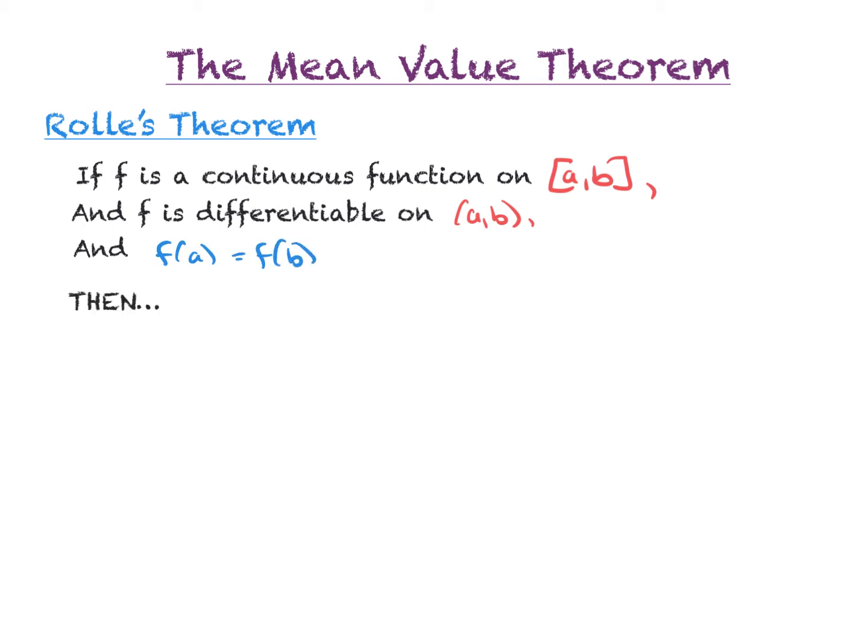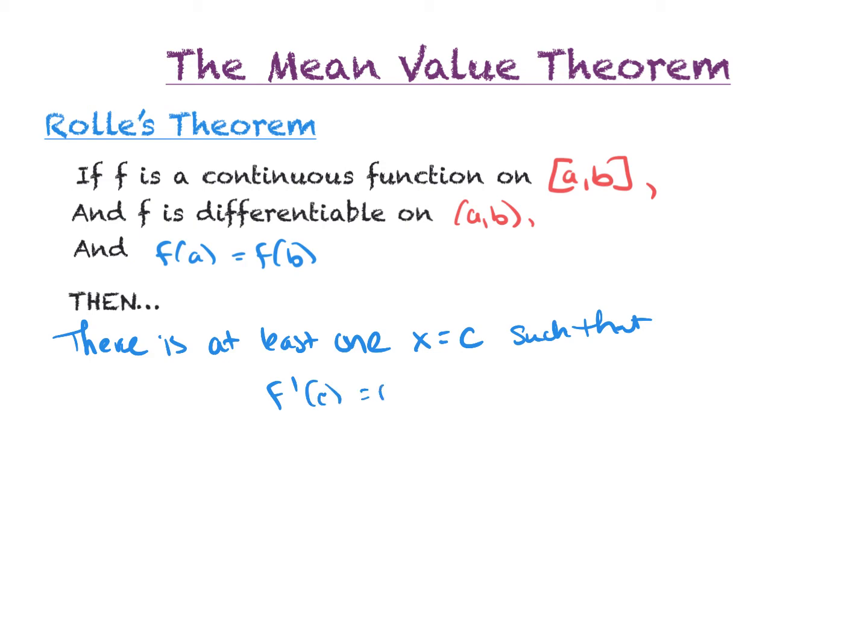Then we know that there exists at least one x value, let's call it x equals c, such that f prime of c is equal to 0.